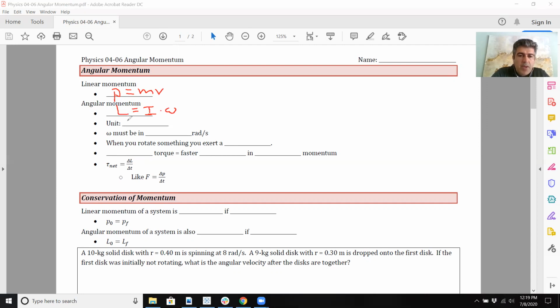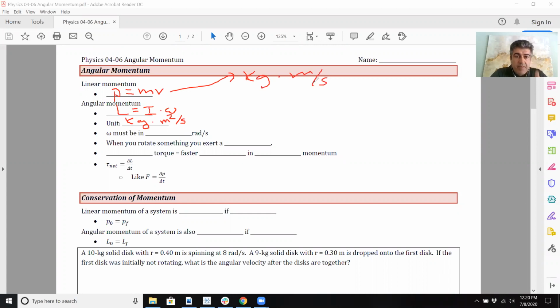The unit is kilograms times meters squared over seconds. So it's a little bit different. Remember, the units for linear momentum were mass, kilograms, times meters per second.